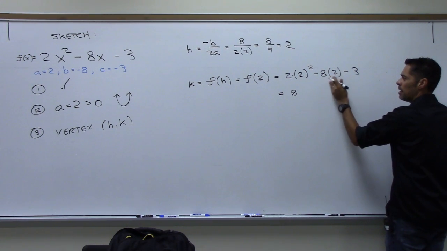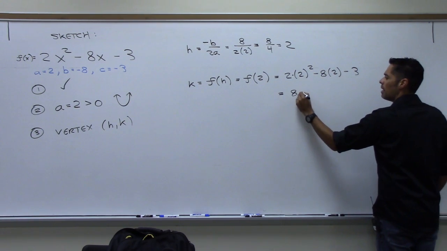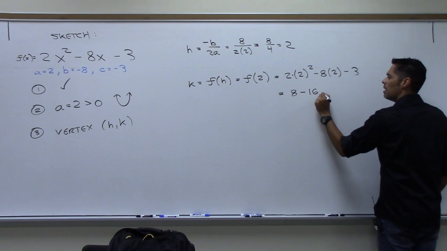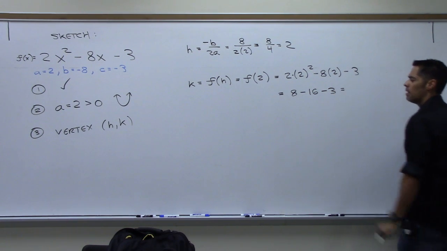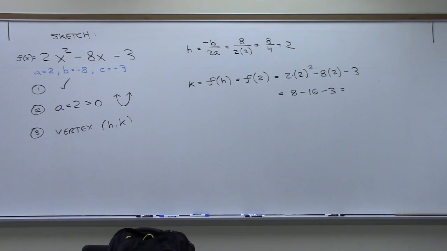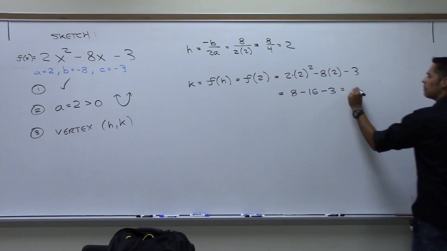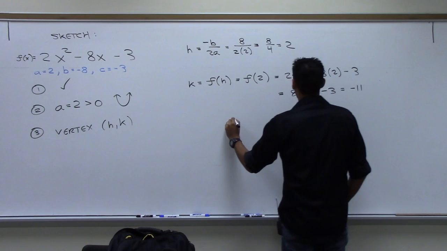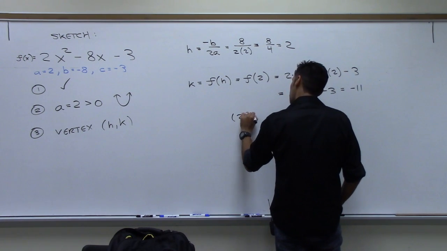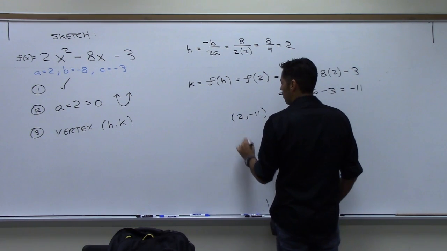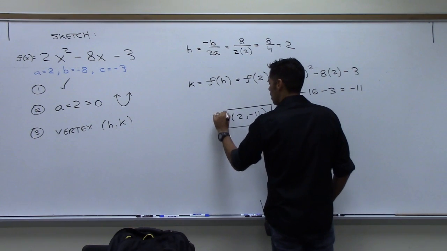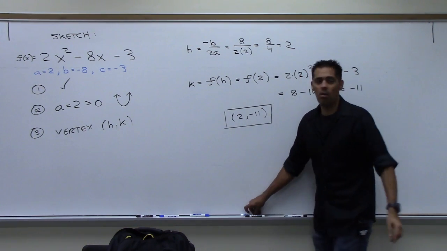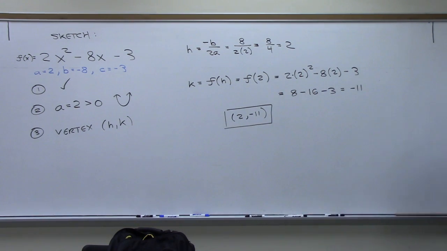And then I do this multiplication before I do the subtraction, right? So minus 16 and then minus 3. What's that? Negative 11. So what I can tell you right now is that my vertex is the point 2, negative 11. That's my vertex.